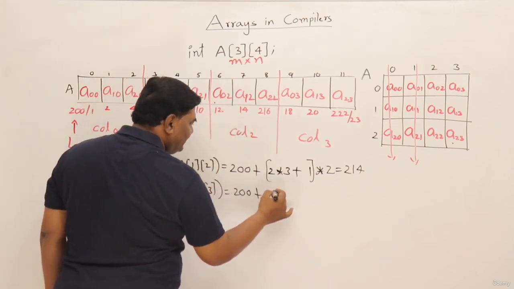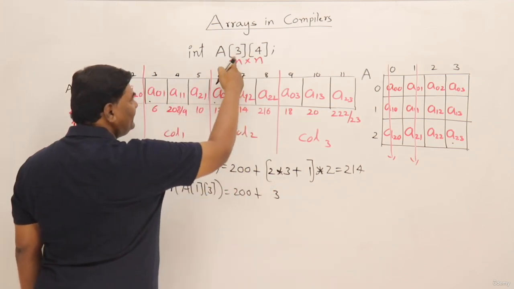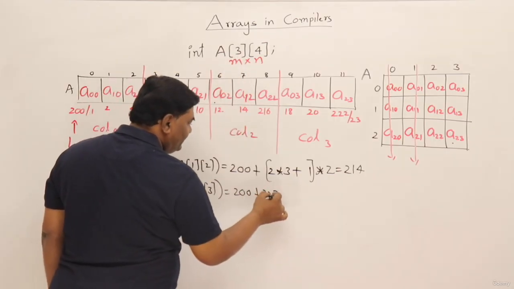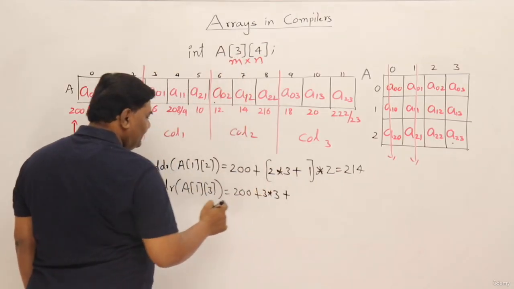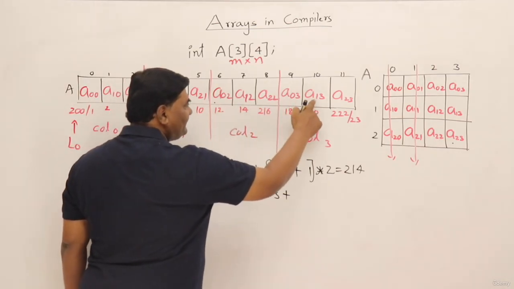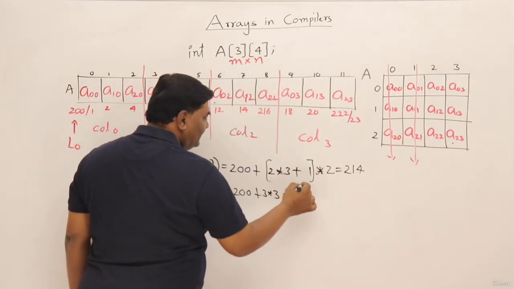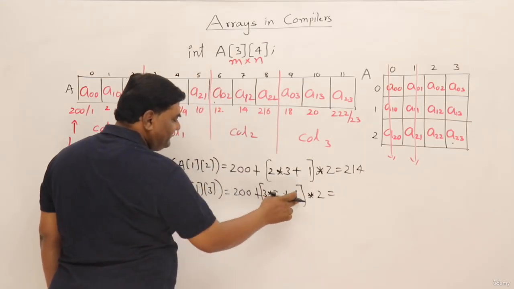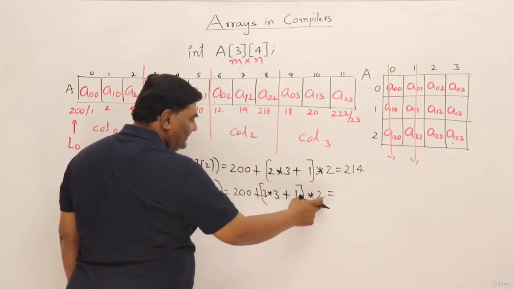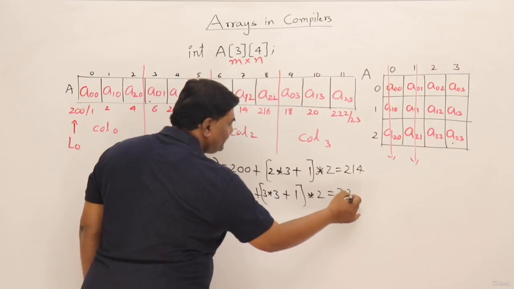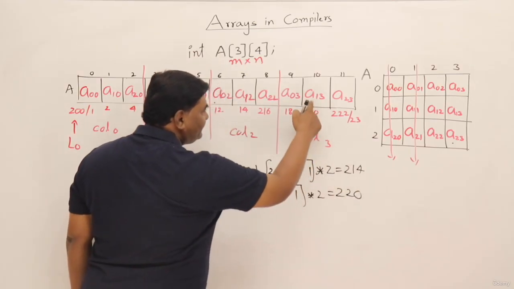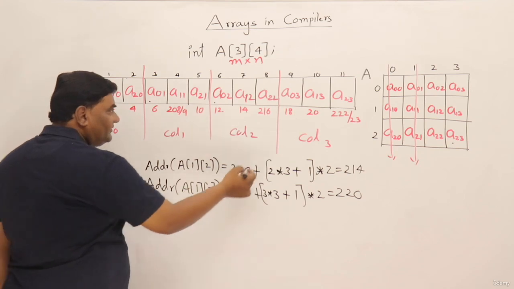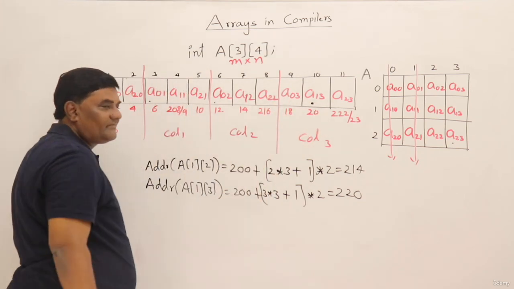So I have to skip 3 columns, and each column has 3 elements. So this is 3 into 3 plus. Once I reach here, I should move forward just one element. So 3 into 3 is 9, plus 1, 10, into 2 is 20, so 220. This is the address. Yes, 220. A of 1, 3 is here.